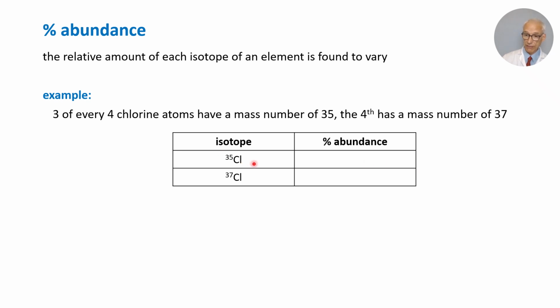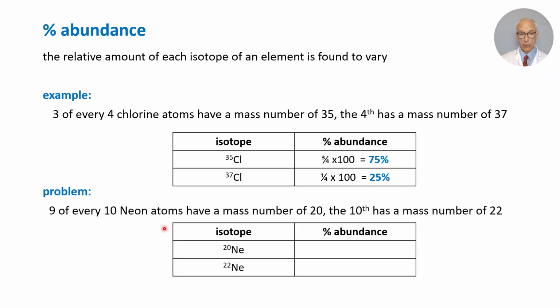Well, chlorine 35, 3 out of 4, that of course is 75%. If you're not sure, 3 divided by 4 times 100. That leaves us with, of course, 1 over 4 times 100, or 25% for chlorine 37.